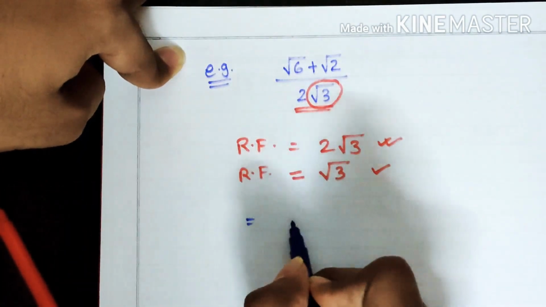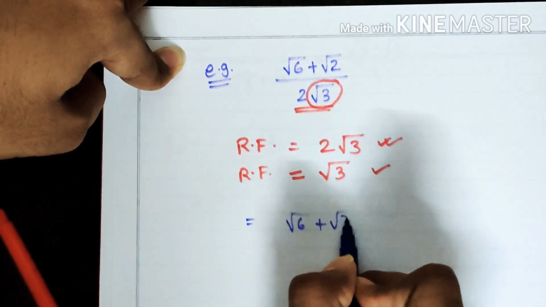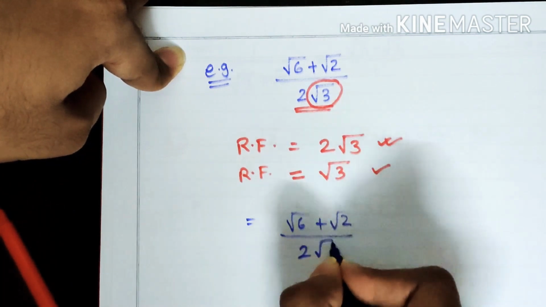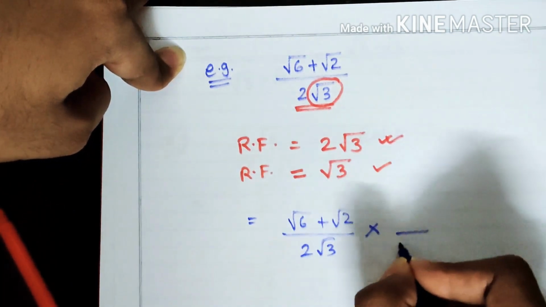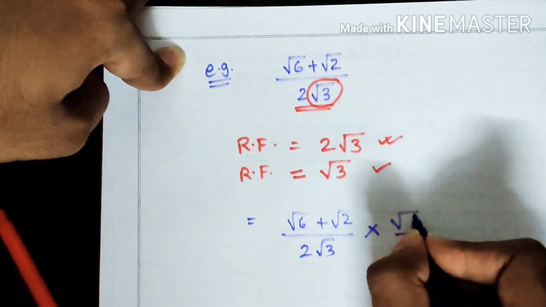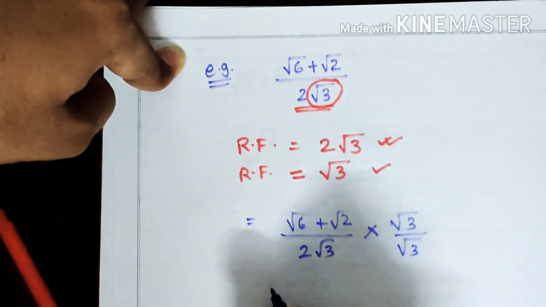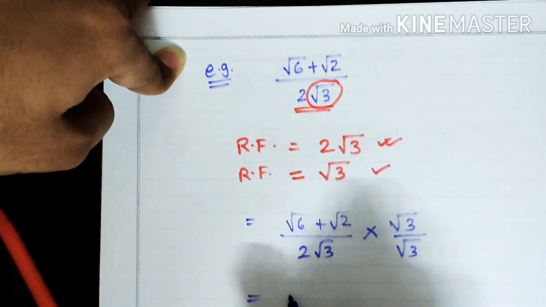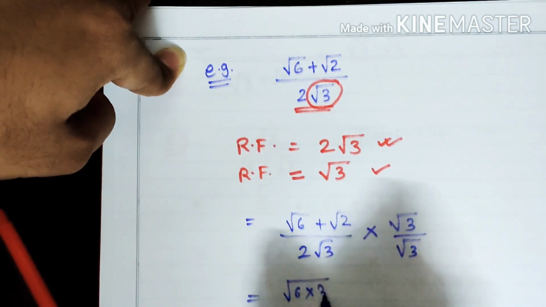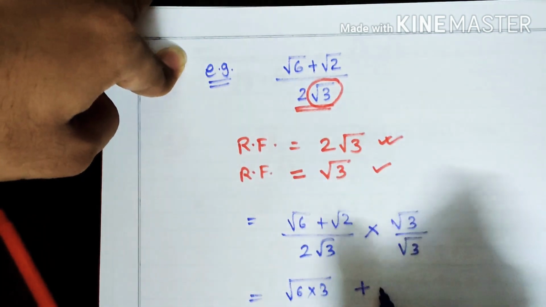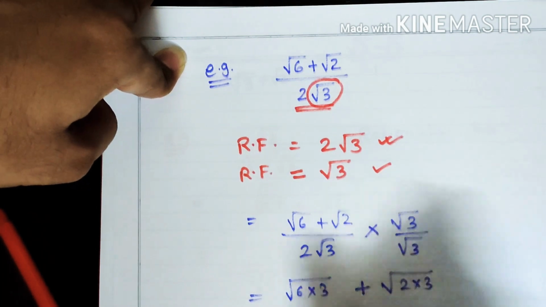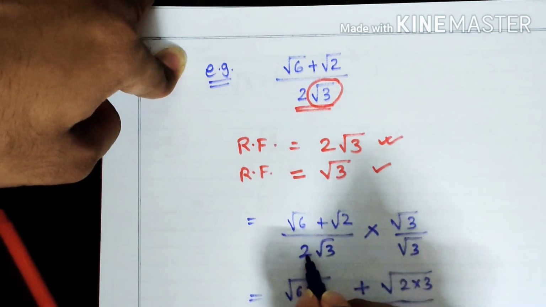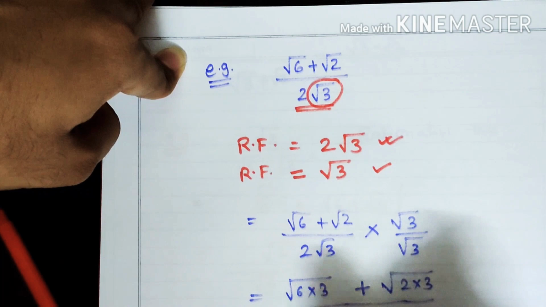So when we solve root 6 plus root 2 divided by 2 root 3, we will multiply by the rationalizing factor in the numerator and denominator both. So here, root 6 into root 3 plus, as it is, root 2 multiplied by root 3. In the denominator, 2 multiplied by root 3 multiplied by root 3.